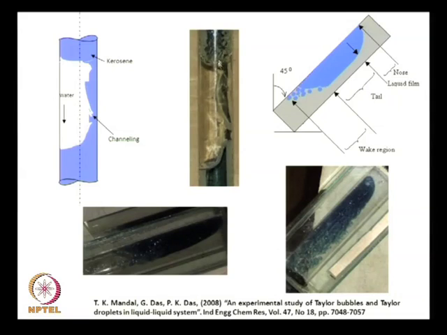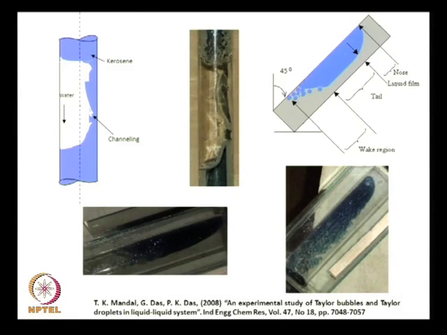But when a water droplet is falling through kerosene, we find that it actually sticks to one particular portion and climbs down along one particular wall, whereas kerosene flows upward along the other wall. Or in other words, there is a tendency of channeling in this particular case.